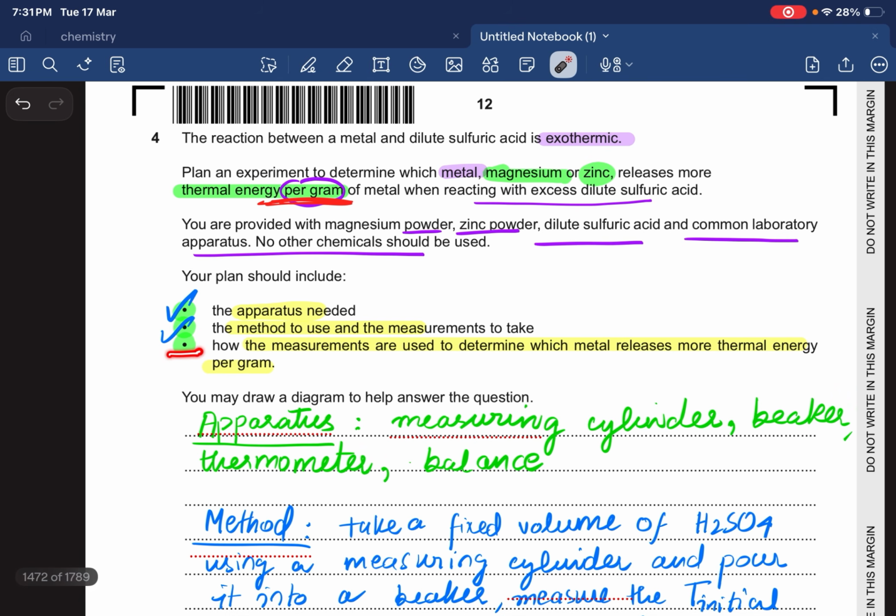Third point I need to address: how the measurements are used to determine which metal releases more thermal energy per gram. The metal which has a greater change in temperature.